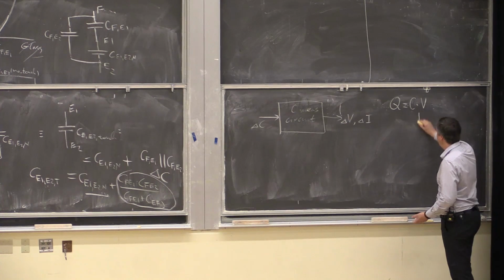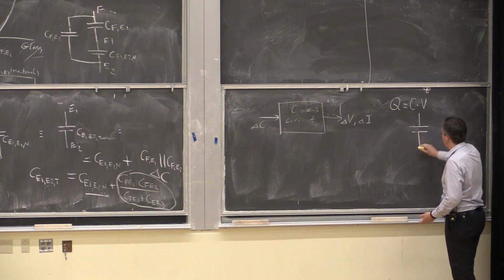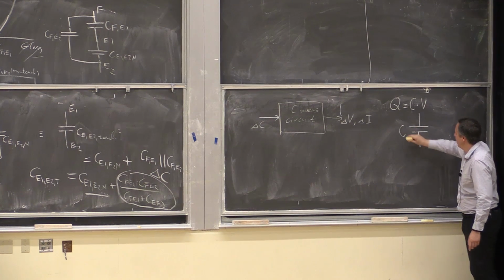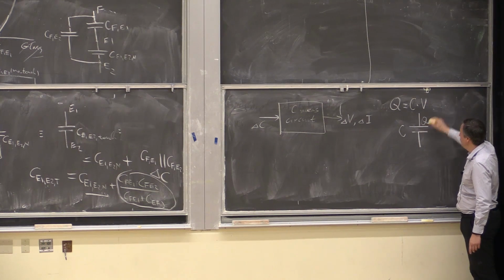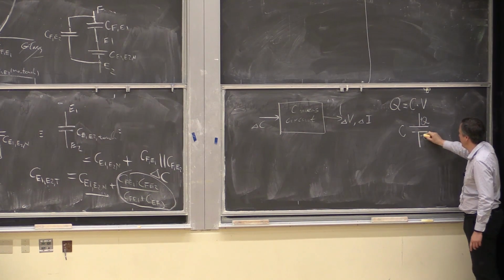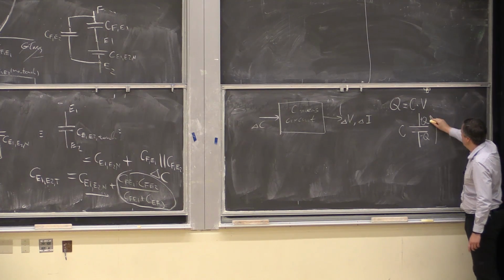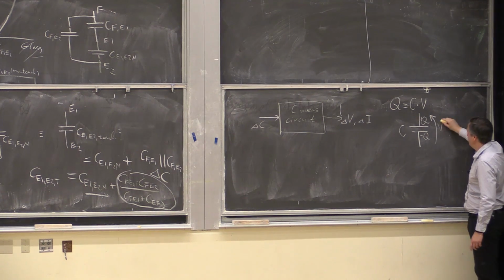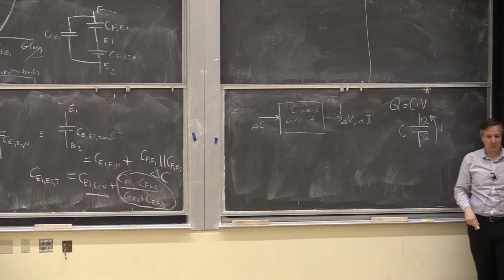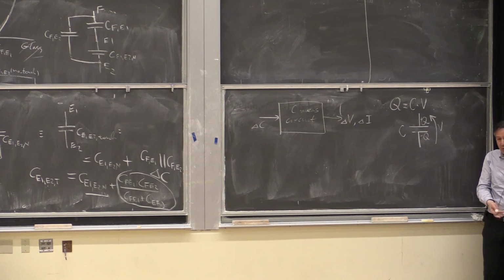So that means if I have a capacitor C, and I have charge Q on this plate, so let's say plus Q here, minus Q here, the voltage between these plates is V. Just like in Ohm's law, it's important to see where the signs are.